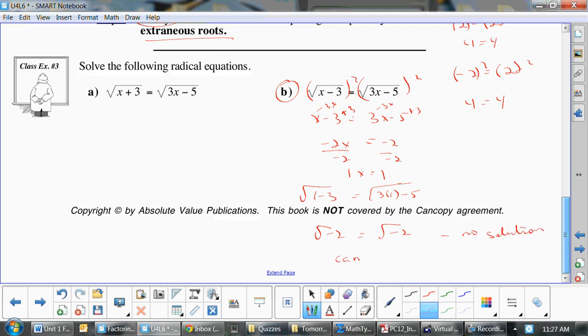You cannot have the square root of a negative 2. So that squaring actually made it possible to do. And then after, just like negative 2 didn't equal 2, I squared both sides. Suddenly I'm good to go. Well, that's where you're going to run into problems sometimes, okay? So you always have to verify.